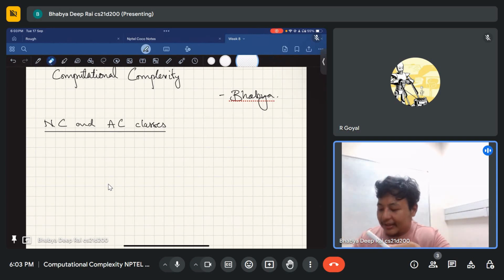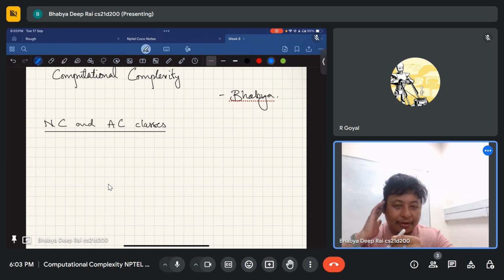Why family? Because for every different length of string in the language, you'll require an entirely different circuit for it. In other words, it's a non-uniform model, and therefore you always say a family of circuits computes that particular language.